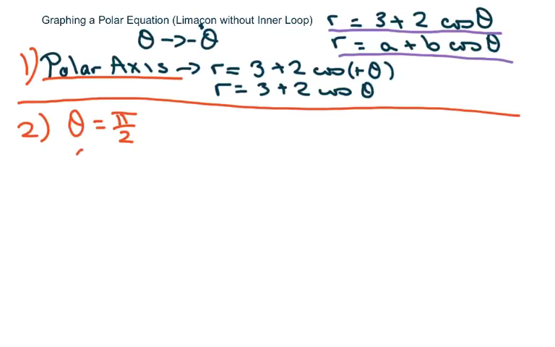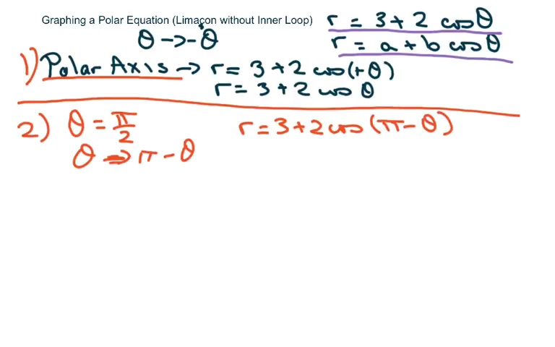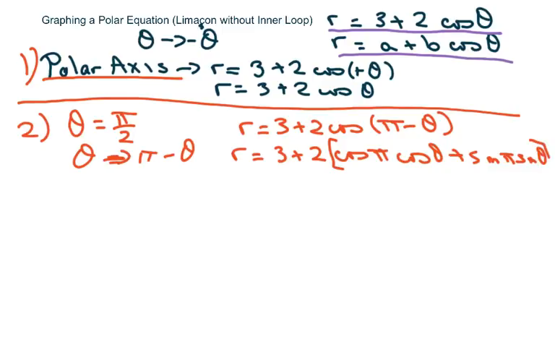What we do is replace theta with pi minus theta. So I'm going to write this equation, and we're going to use the difference formula for cosines that you learned in trig. So this would be cosine of pi, cosine of theta, plus sine of pi, sine of theta.